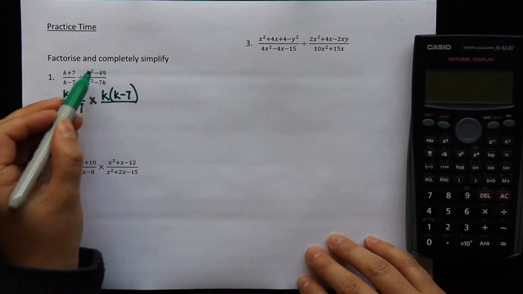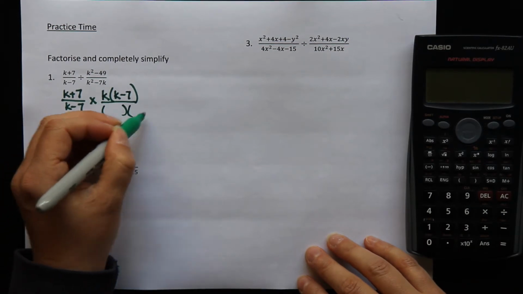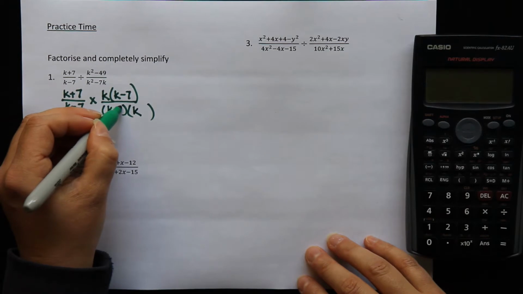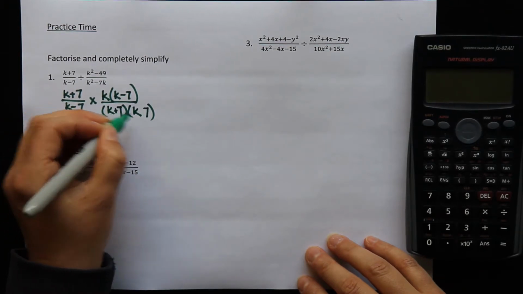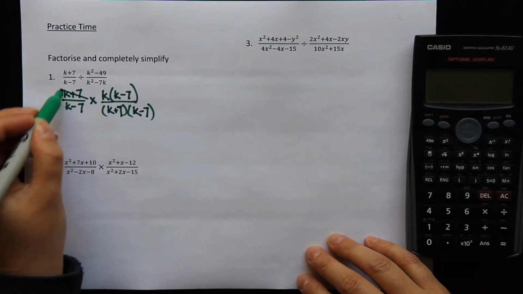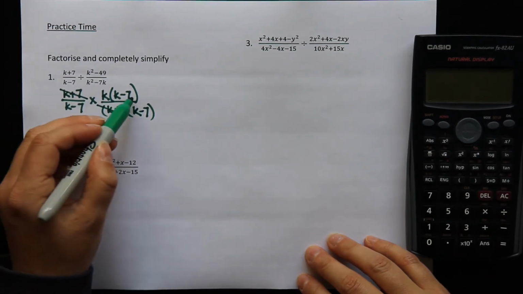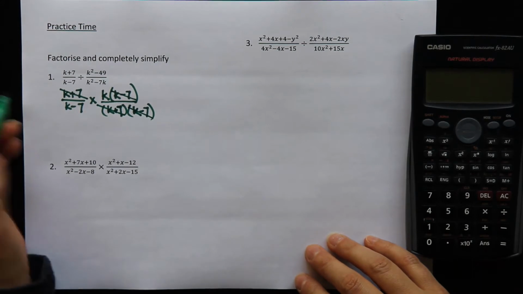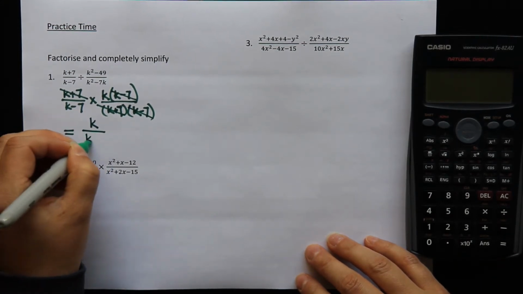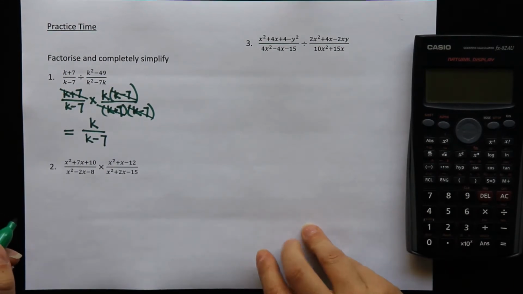And this one on the top here is a difference of 2 squares, which will give me k in the front, 7 behind, 1's a plus, 1's a minus. Now we can cancel k plus 7, k plus 7, k minus 7, k minus 7. And all that is left is a k on the top and a k minus 7 for the final answer.